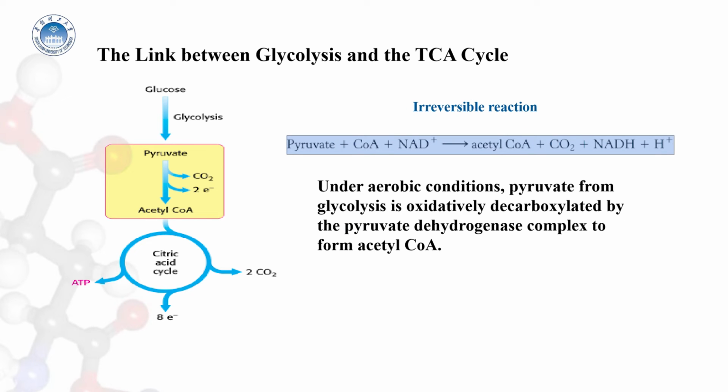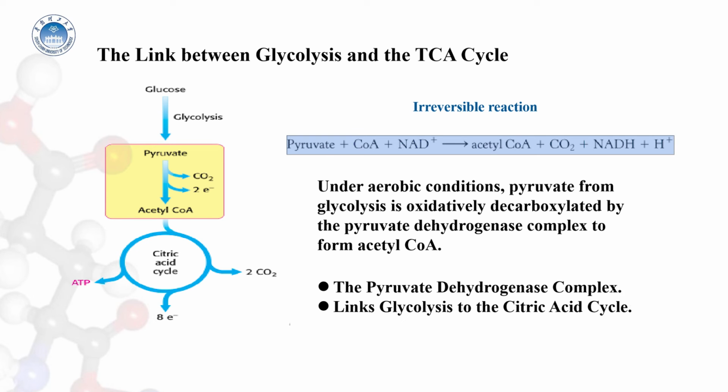Under aerobic conditions, pyruvate is oxidatively decarboxylated by the pyruvate dehydrogenase complex to form acetyl, which is attached to coenzyme A, so we call it acetyl-CoA, the main substrate for the TCA cycle. The pyruvate dehydrogenase complex links glycolysis to the citric acid cycle.